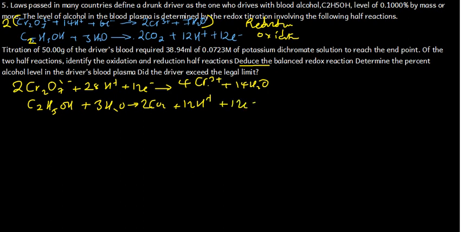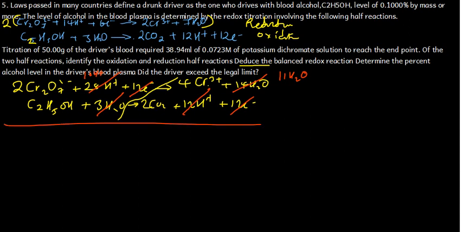So we're going to add the two half reactions at this point. What we can see on both sides, we're going to cancel out. You can see 12 electrons here, 12 electrons there. We can see 3 water molecules here, and 14 water molecules there, so 11 water molecules are going to remain. We can see 12 hydrogen ions here and 28 there, so 16 hydrogen ions are going to remain. And so now we're going to write that.